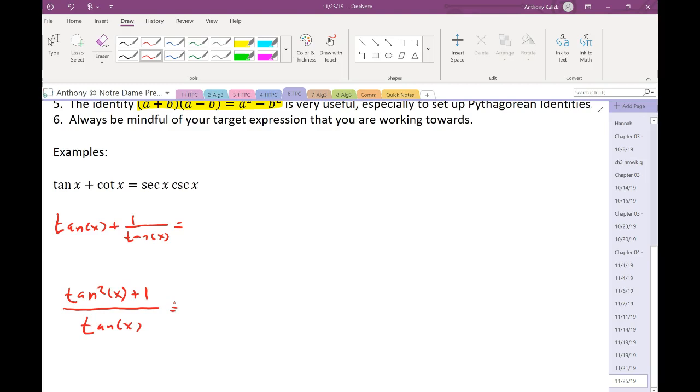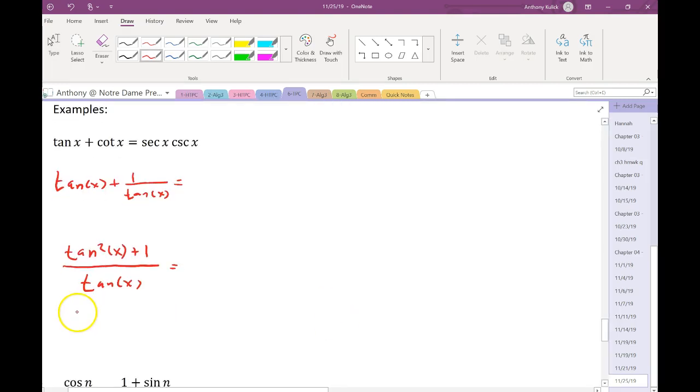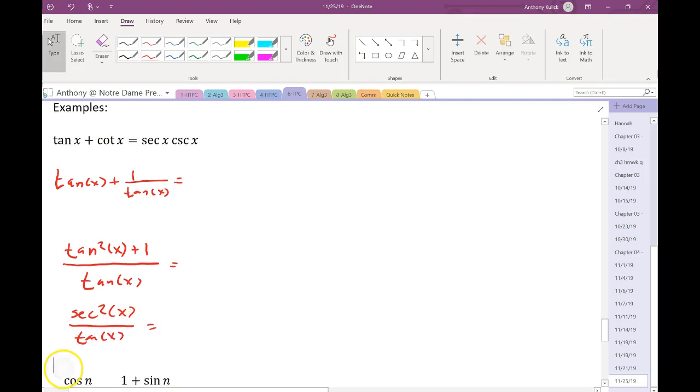Madison? Yeah, so if you look at P3, P3 says tan squared plus 1 equals secant squared. That seems like a good choice here, particularly since I know that I'm supposed to have secants in the final result here.